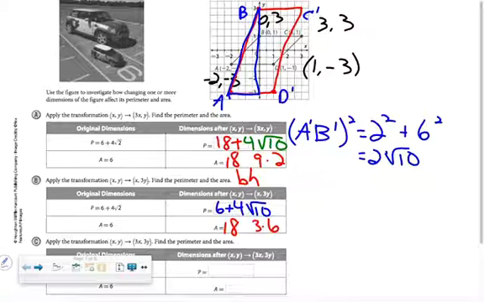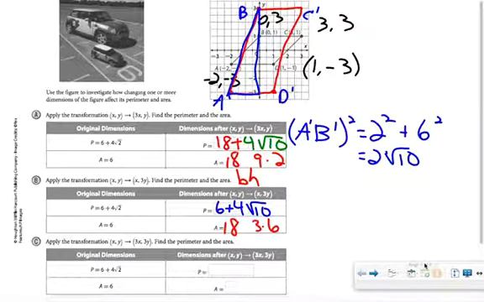So now, last transformation, we're going to multiply both coordinates by 3.